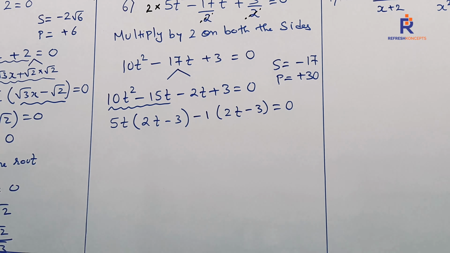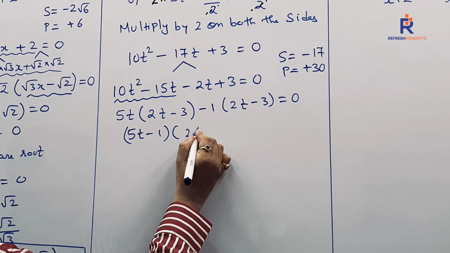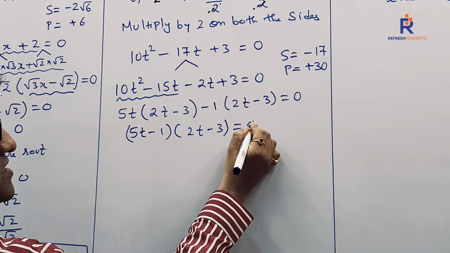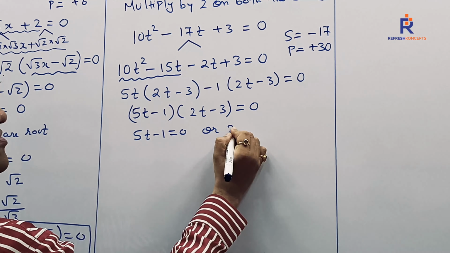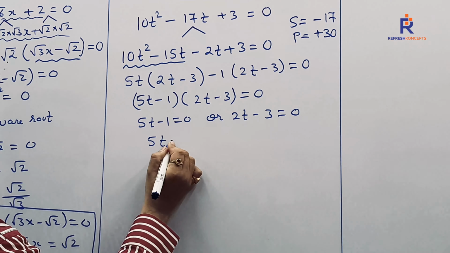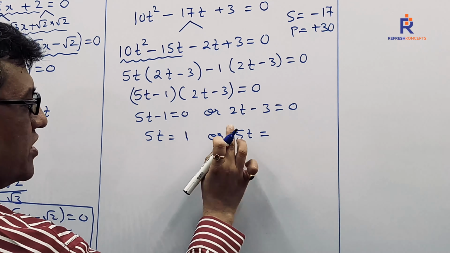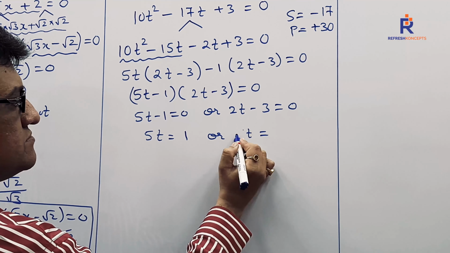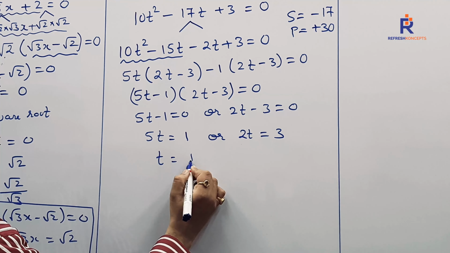Right? So 5t minus 1, 2t minus 3 equals 0. 5t minus 1 equals 0, or 2t minus 3 equals 0. 5t equals 1, or 2t equals 3. t equals 1 by 5, or t equals 3 by 2.